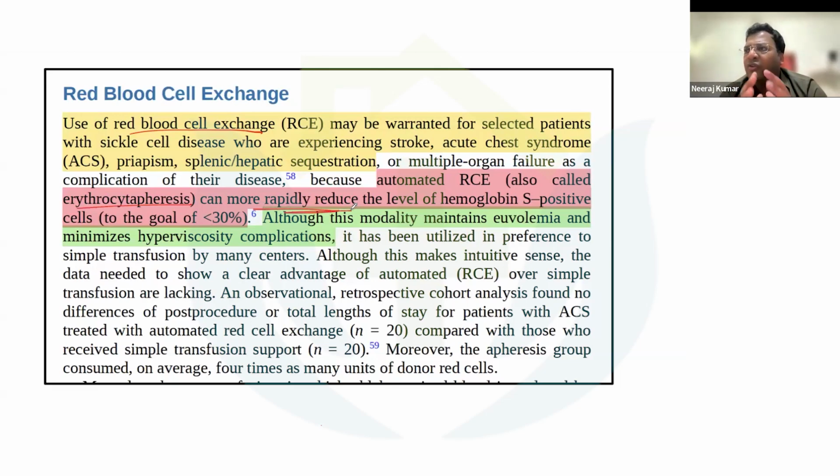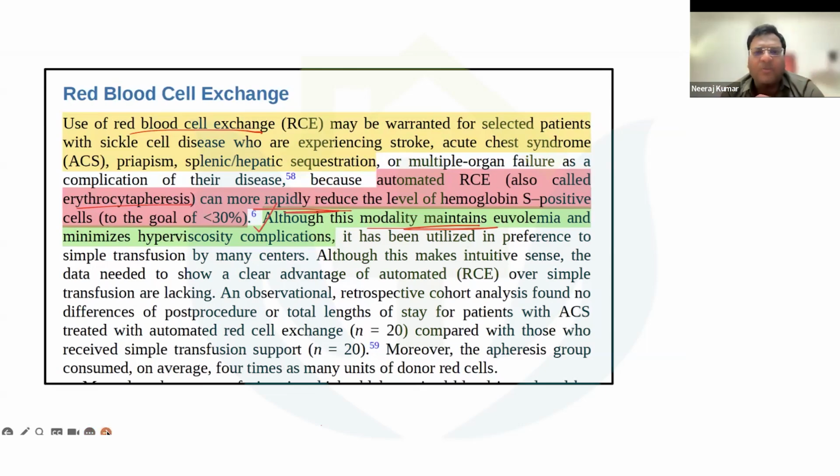And the goal is to reduce these levels to at least 30%, right? The second important point is that this modality always maintains euvolemia. It doesn't cause volume depletion or hypotension, and it also minimizes the viscosity, so it lessens the hyperviscosity-related complications as well.